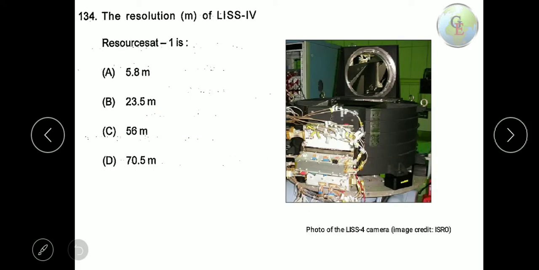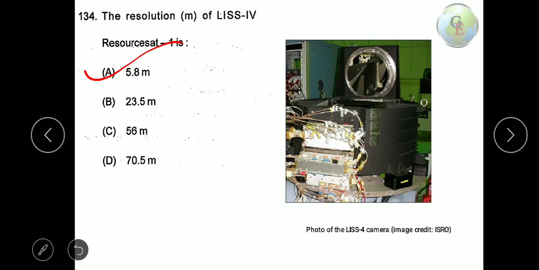Next question: the resolution in meters of LISS 4 of ResourceSat 1 is, the answer will be 5.8 meter. Here is a photo of LISS 4, and what is the full form of LISS? LISS is Linear Imaging Self Scanning, and there are LISS 3 and LISS 4.